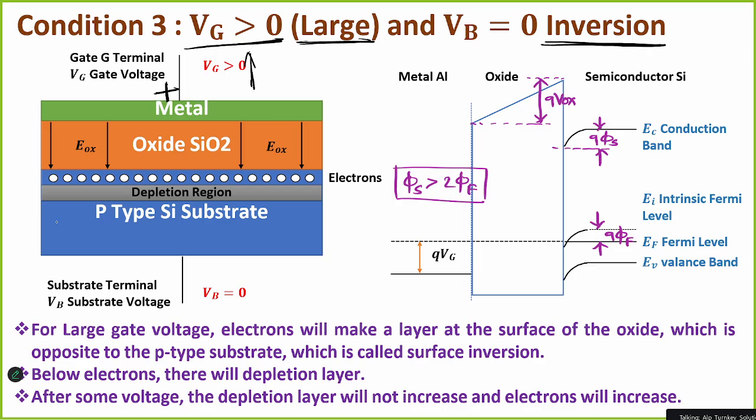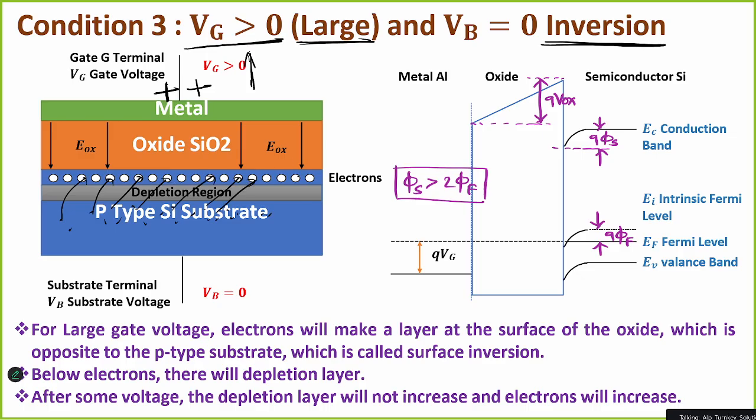The minority carriers will be attracted towards the larger voltage you applied. Due to this large positive voltage, this will overcome the depletion layer and be available on the surface of the substrate.